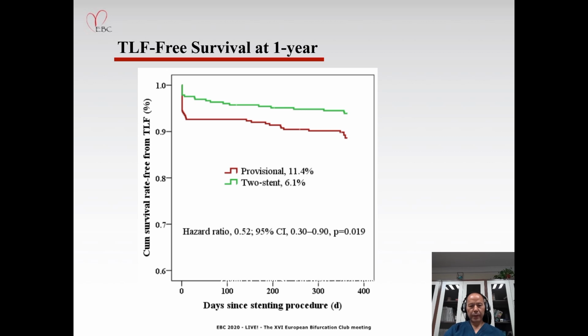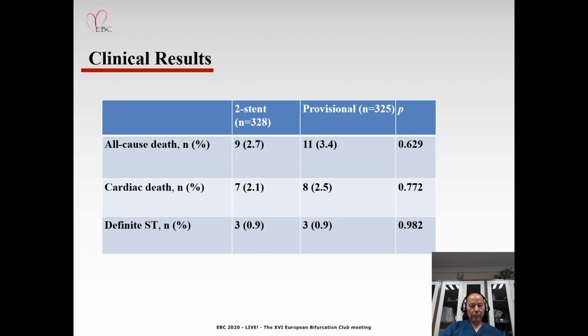Finally, at 1 year follow-up, the TLF rate, the primary endpoint, was 11.4% in the provisional group, significantly different to 6.1% in the two-stent group. However, there was no significant difference in terms of the secondary endpoints, including all-cause death, cardiac death, and definite stent thrombosis between two groups.